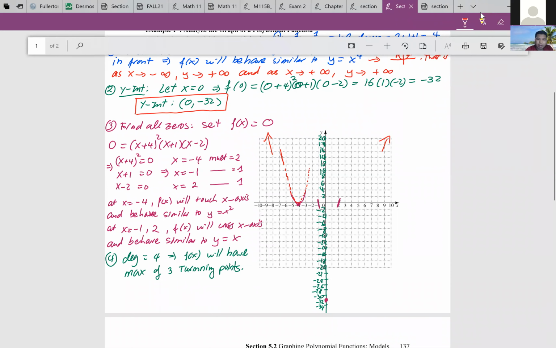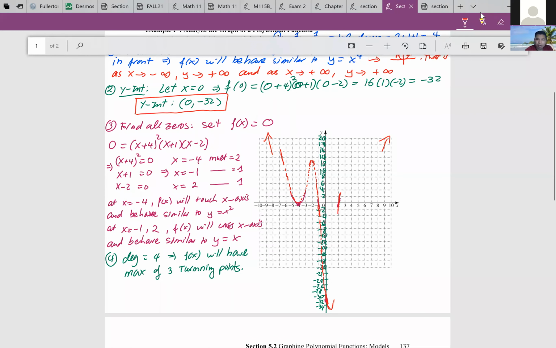It could go up here, but it has to turn around again because it has to cross at x equal to negative 1. And also it has to go all the way down to 0 and negative 32, going through the y-intercept. It still goes down again, but then it has to turn back, because remember, it has to cross the function at x equal to 2. We can have a rough sketch like this. And then it can go up forever because there's no more x-intercept. Okay, so there we go.